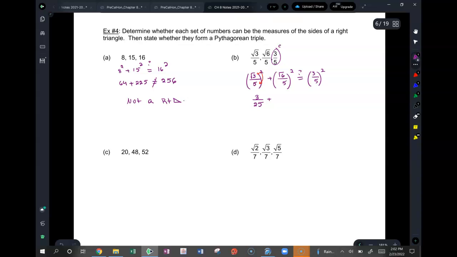What does the second one give me? 6 over 25. Does this equal 9 over 25? Yes, it does. So this is a right triangle. Is it a Pythagorean triple? Are they all whole numbers? No, not a Pythagorean triple.